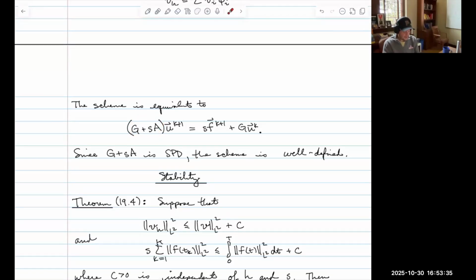So this says that this is invertible. So I could, if I had the inverse, multiply both sides by the inverse, and then I would have an explicit solution for my UK plus 1 vector. This is known information always, and this information here is known if I've stepped through in order. So that means I should step through in order from k equals 0 up to k equals capital K. That's what I'm going to do.